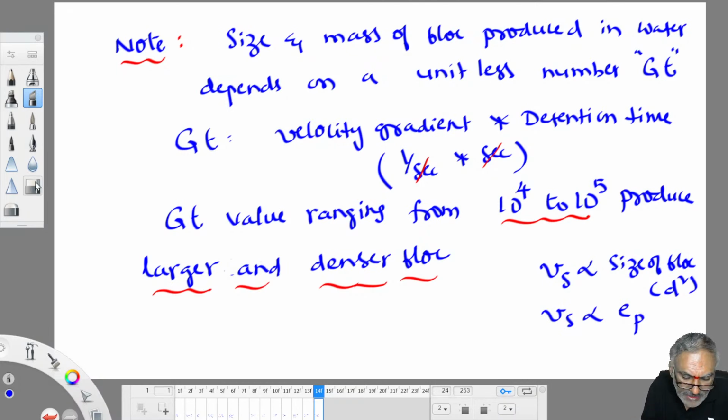Denser flock you want to get, then you have to maintain that, so that settling velocity is fast and they settle down. Once they gain enough size and enough mass, they settle down very fast. This is size, this is density.